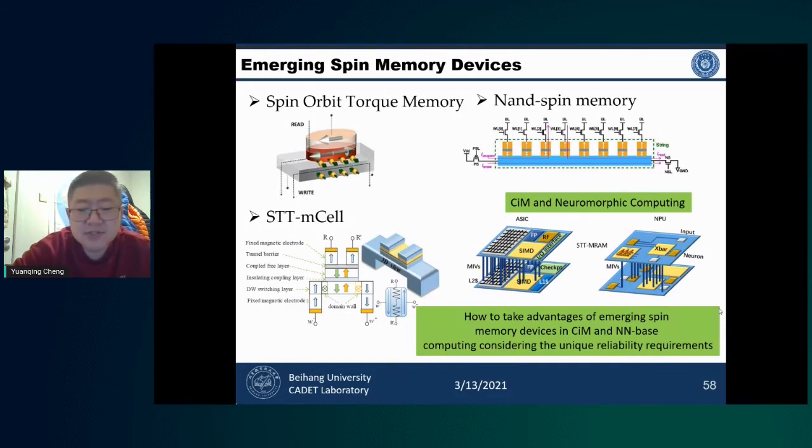But how do we take advantage of these emerging spin memory devices in the new emerging applications? At the same time, considering the reliability requirements, there are also many big challenges that need to be dealt with.